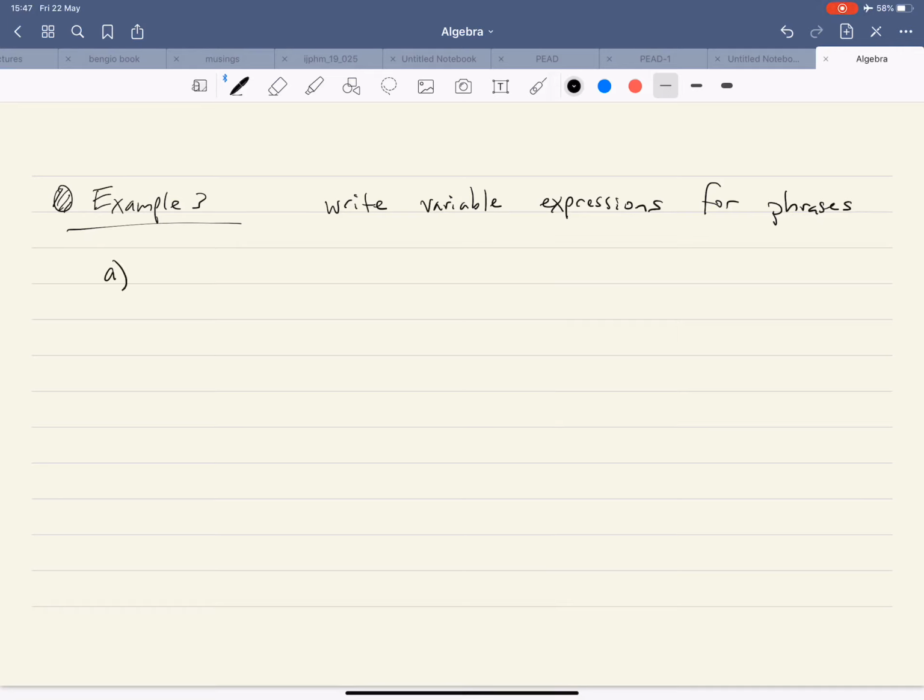So the first phrase is the number of months in y years. Well, let's say that y was 1. We just want the number of months in 1 year. We know that's going to be 12, right? There are 12 months in a year.